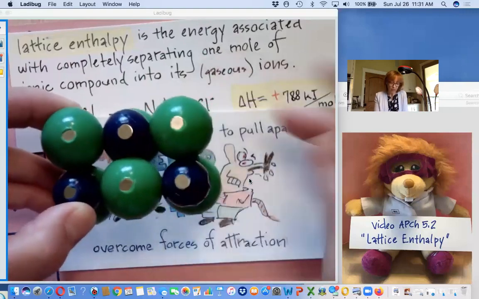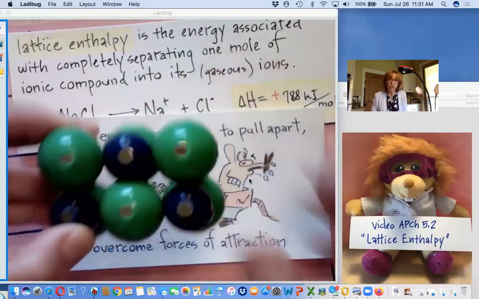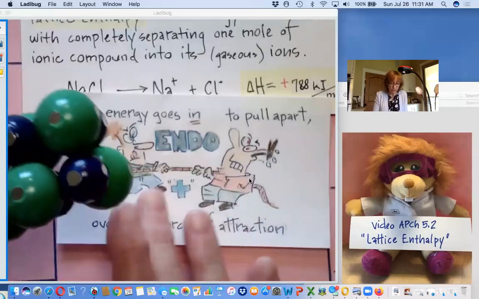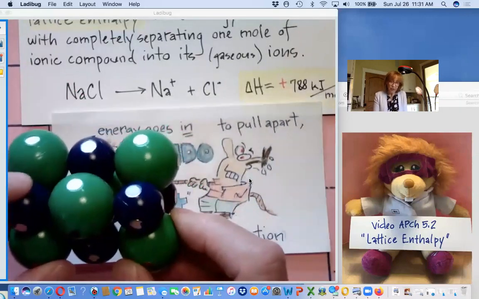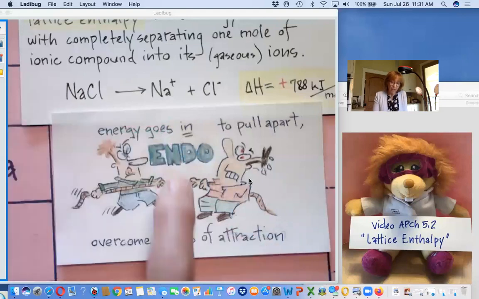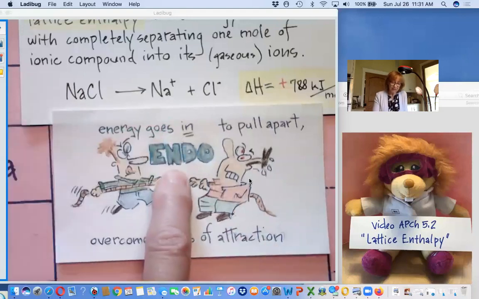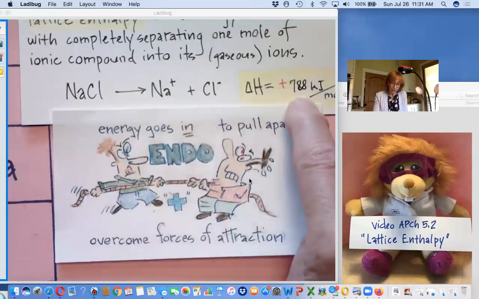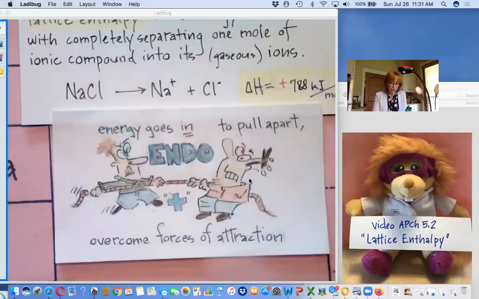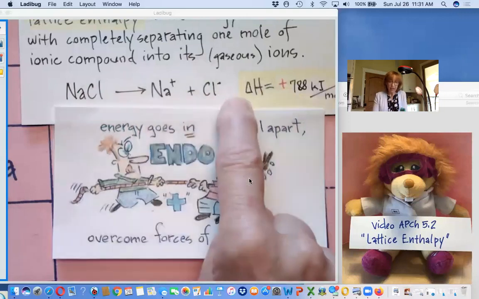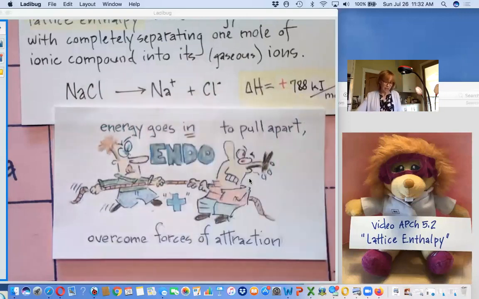Ionic compounds always exist as solid crystals, at least at room temperature. So again, if you had a mole of this ionic compound, you would have to put in 788 kilojoules to disrupt all of those bonds and create individual cations and anions.